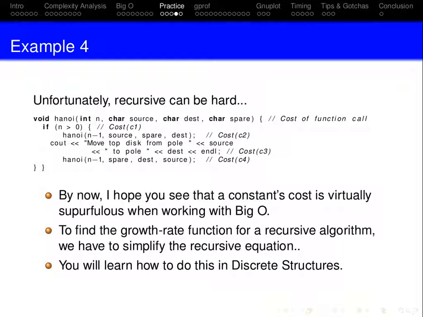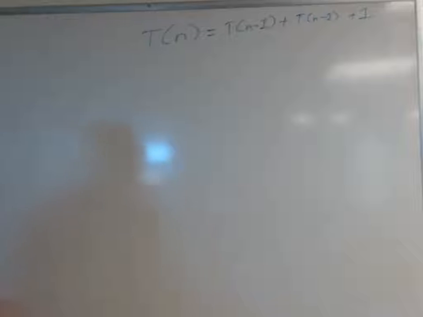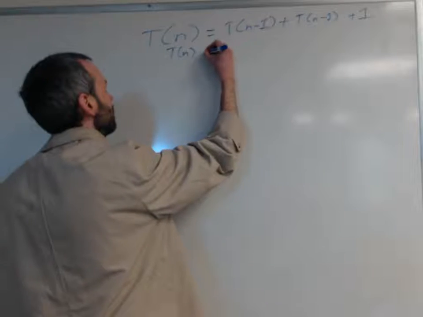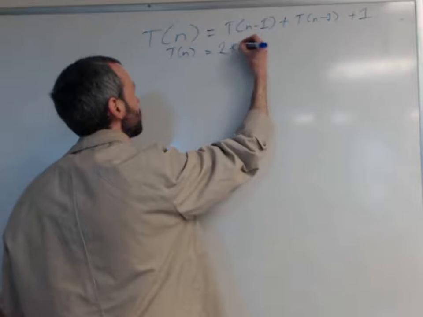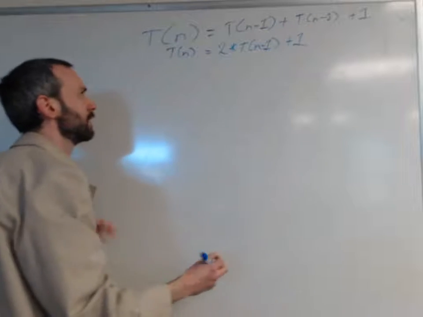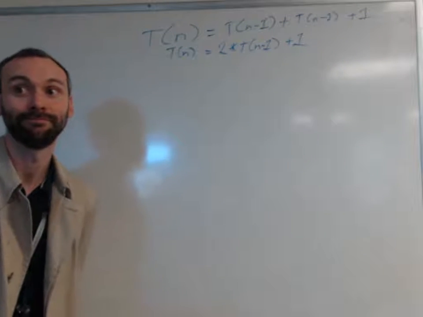Okay? Everyone see how I translated it from that to that? All right, let's go look at the board real quick. So really, T of n equals 2 times T of n minus 1 plus 1. Anyone know what that is?